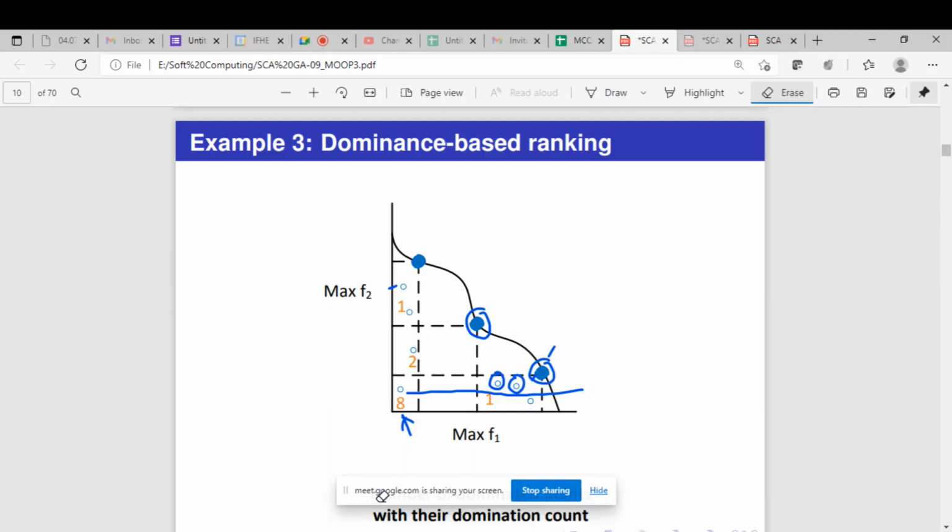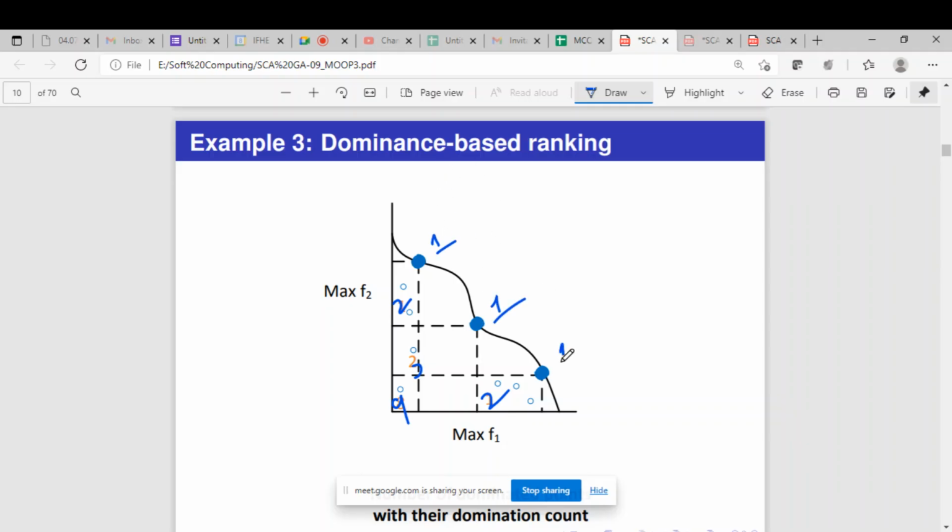So if you follow as per the definition, then what will be their ranks? This will become 2. This will become 3. And this will be 1.